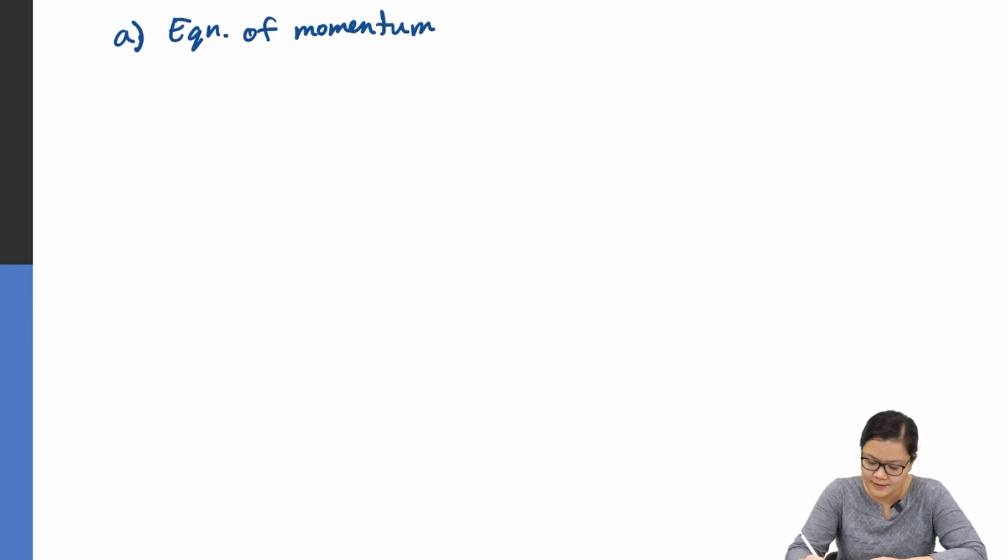Now to derive the equation, what we do is we take the divergence of both sides in the equation of momentum. So let's write this down, the equation of momentum. Then we take the divergence of both sides of the equation.